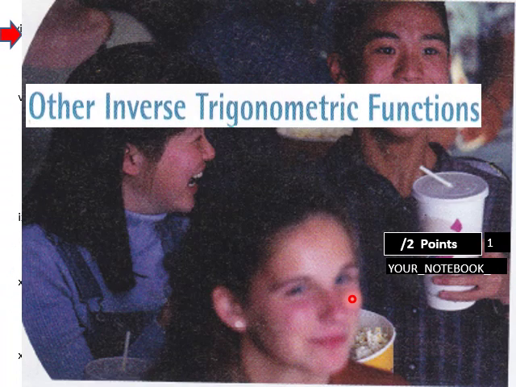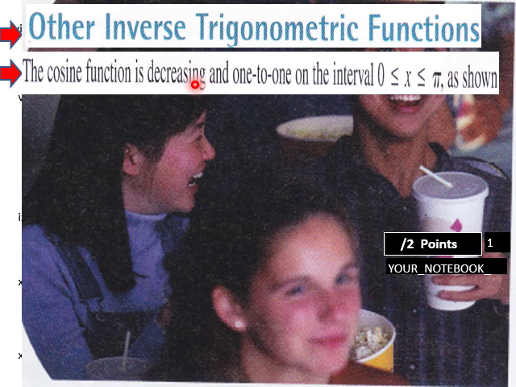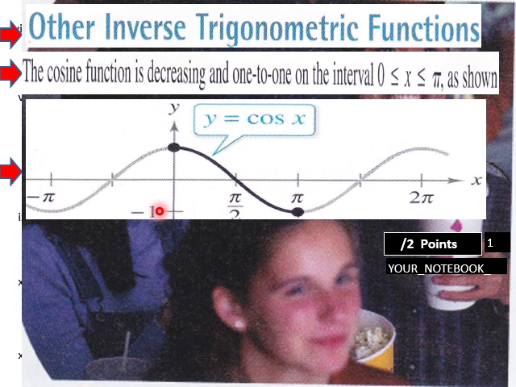Okay, moving on into our first page of 4.7 part 2. Other inverse trigonometric functions. The cosine function is decreasing and 1 to 1 on the interval 0 less than or equal to x, x less than or equal to pi, as shown here.